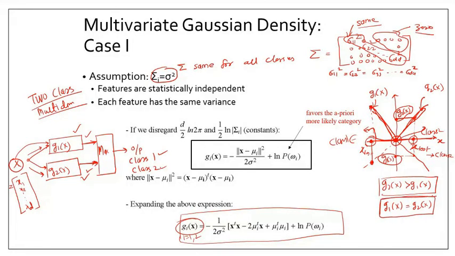Okay, so suppose in a 2D case, you vary this X whatever way, and you search for a condition that G1(X) is equal to G2(X). Then you will face a situation where you get the intersection of two planes. Suppose this is plane number 1, which is responsible for G1(X), and you may have another plane passing maybe like this.